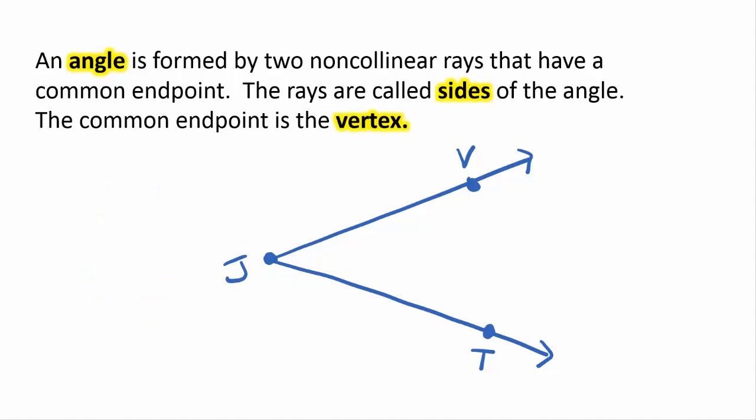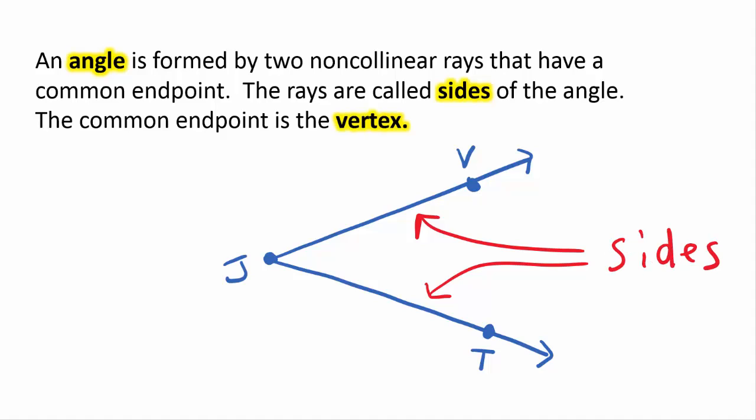Now an angle is made up of a few different parts. The rays are called the sides of an angle. So this ray JV and this ray JT are the sides of the angle. And then the common endpoint that they have is called the vertex of the angle.